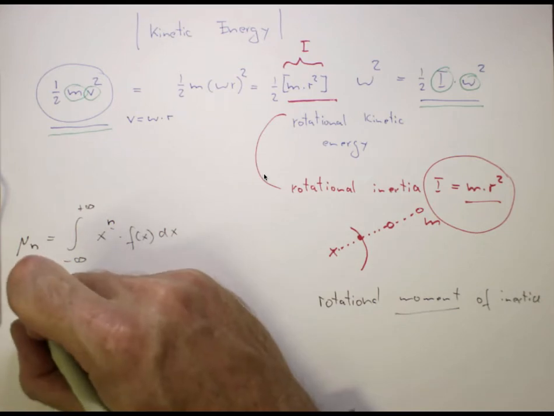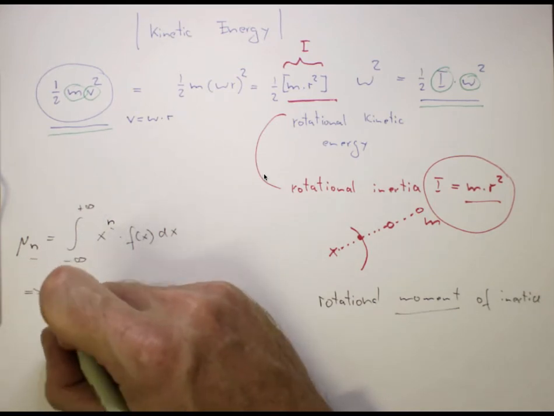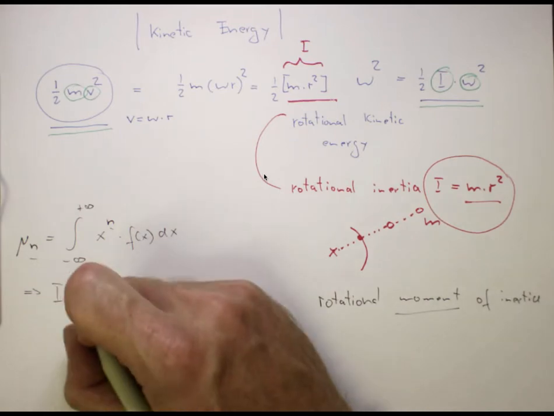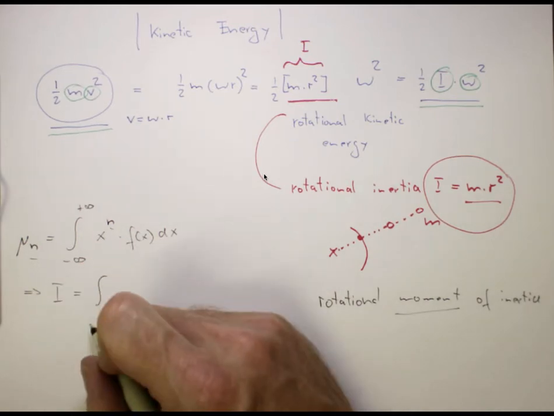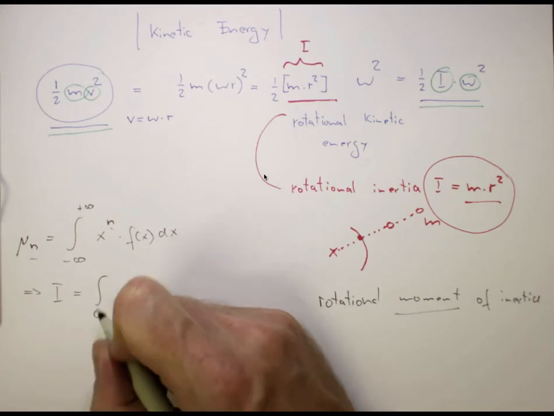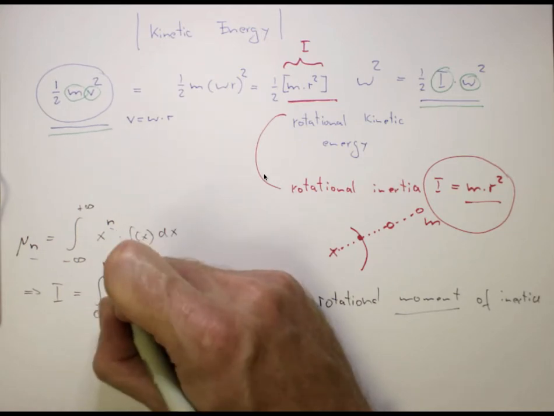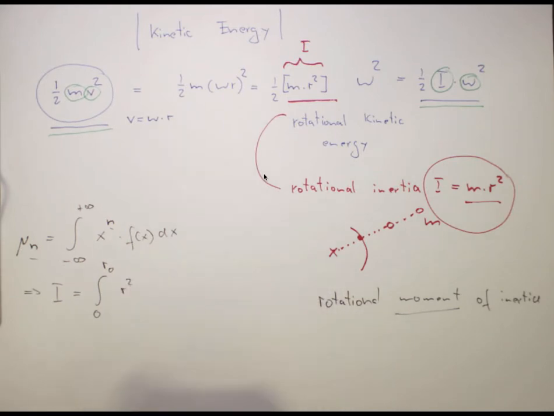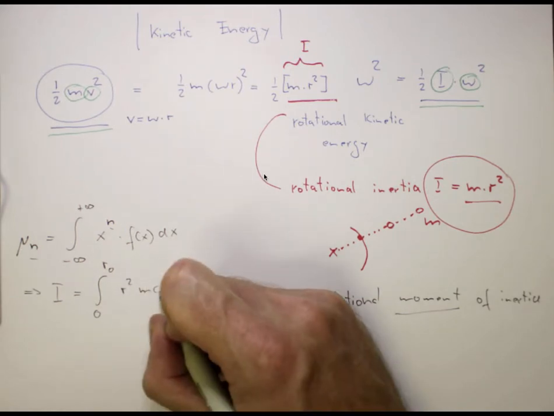And in our case we're dealing with the quantity I, the rotational moment of inertia, which is equal to the integral from 0 to some r naught over r squared times mass depending on r.